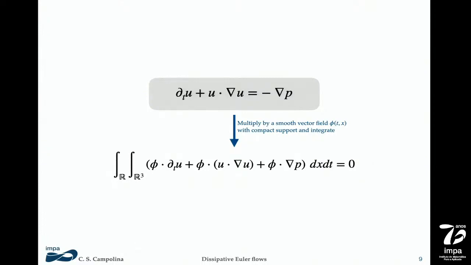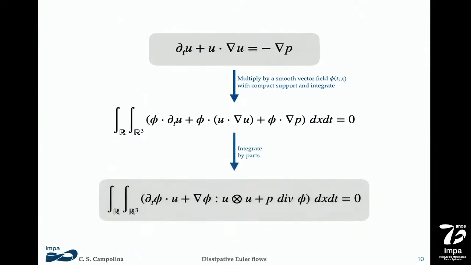Now, if we assume that the solutions are smooth, then we can integrate by parts. Essentially, we are passing all derivatives to the test function. We pass the time derivative to the test function. This is just a matter of notation, but we are passing this nabla to the function phi.